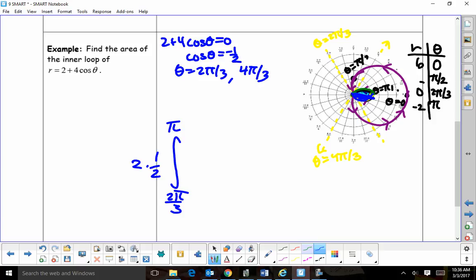No, 0 was way over here. Just because you're at the pole doesn't mean you're using 0. That's why I like to find these tangents, to know where I'm at the pole. I know where I'm at, 4 pi over 3. Sorry. So then of that, r squared.